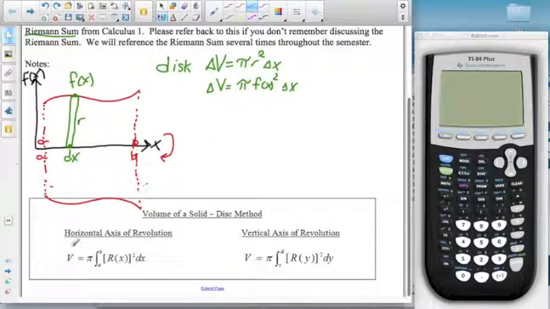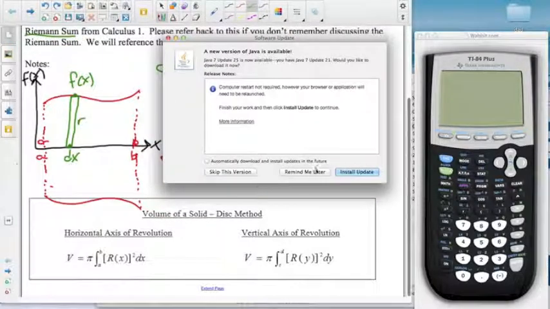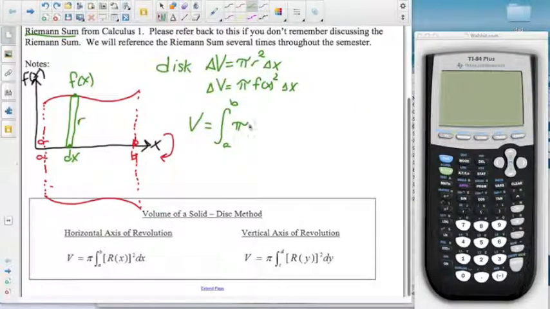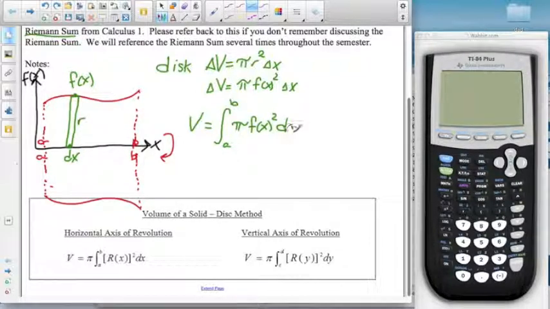And if we then take that Riemann sum and take its limit as delta x goes to 0, then we can call that the volume from A to B. We can use an integral from A to B, and so we take that function and square it, and the delta x, which is the thickness of the incremental rectangle here, just becomes our differential dx.